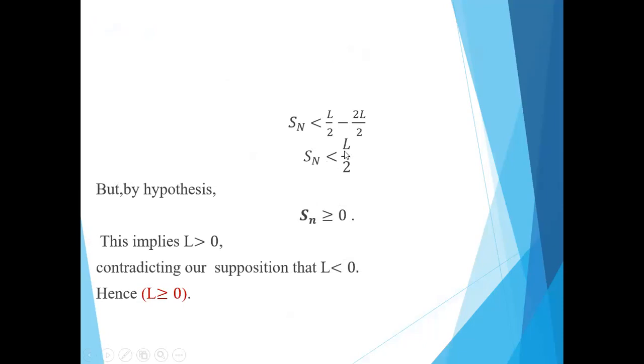Therefore, S_n is less than L by 2. But by the hypothesis, S_n is greater than or equal to 0, which implies that L is greater than 0, which is a contradiction to our assumption that L is less than 0. Hence the proof: L is greater than or equal to 0.